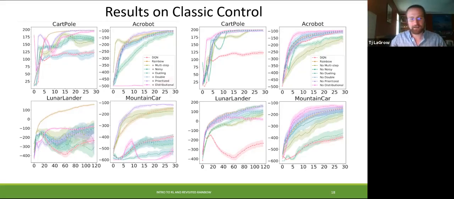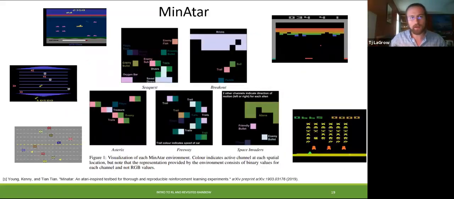Yeah. But going to a little more complex example, what this paper introduces is MinAtar, which is mini Atari. It created 5 different games and tried to take it down to a state space of 10 by 10 pixels.